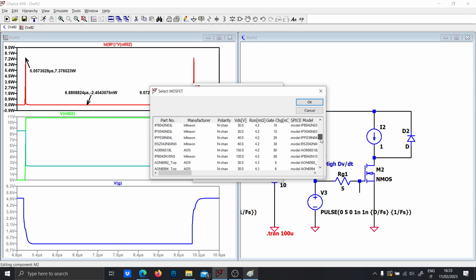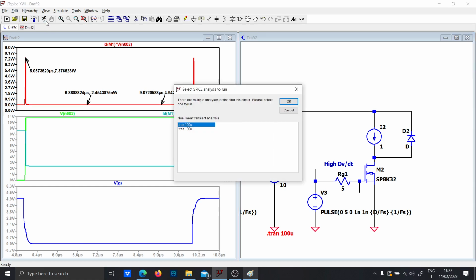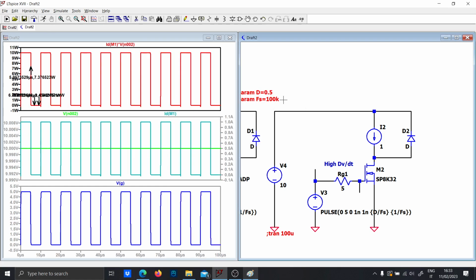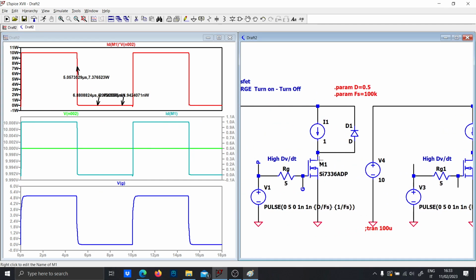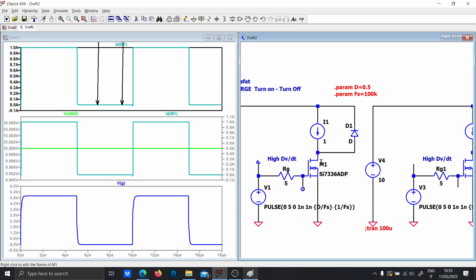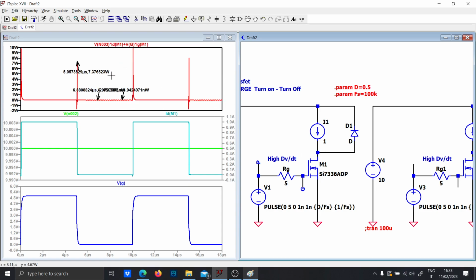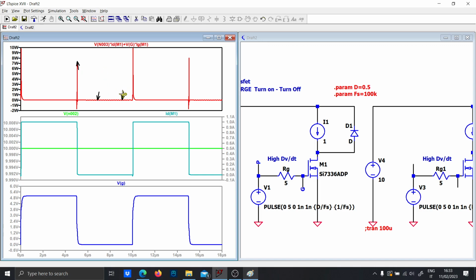Not so high, but maybe higher. Yes, 46 milliohms. So what is going to happen? Oh, yeah, of course I have to change this. Everything has changed. Let's cancel this.